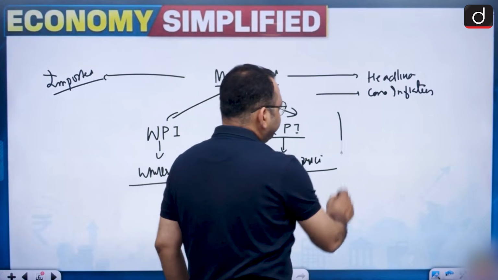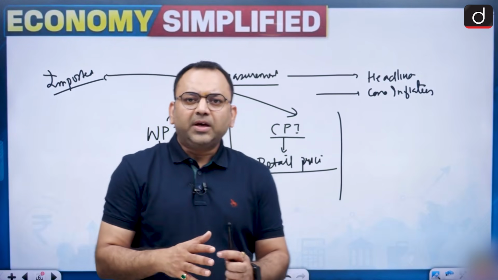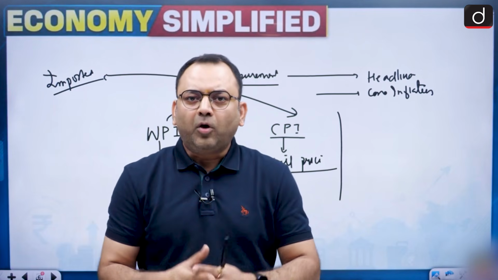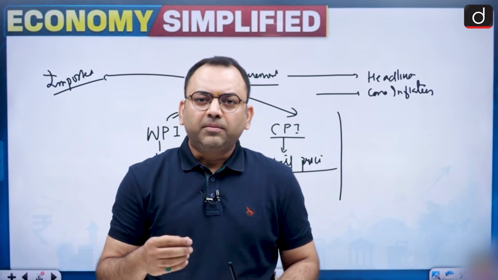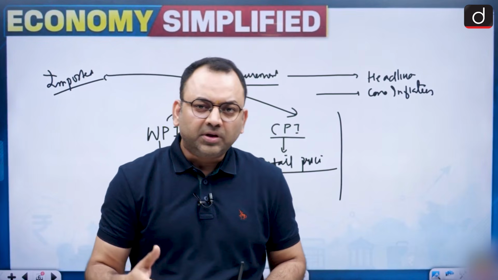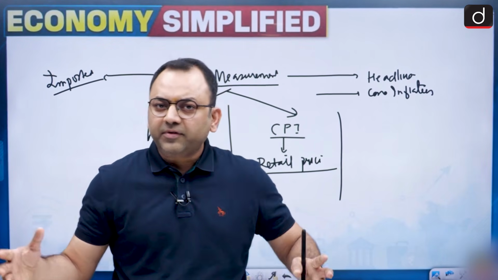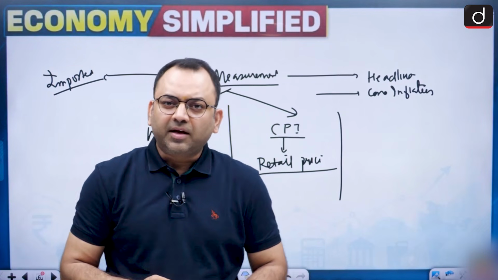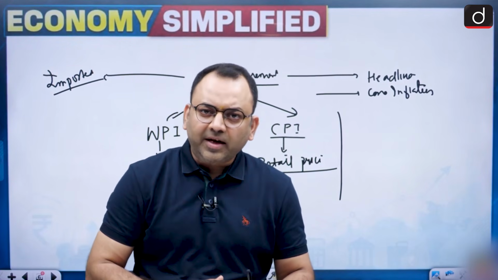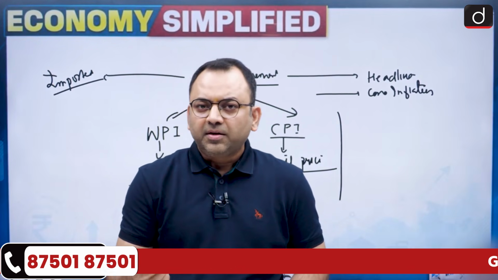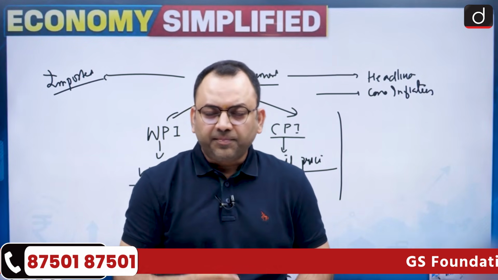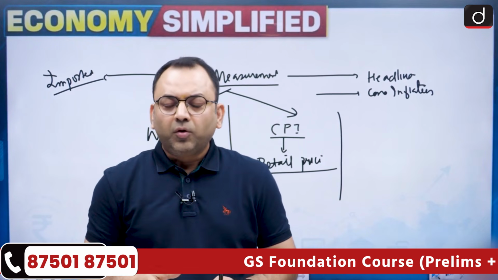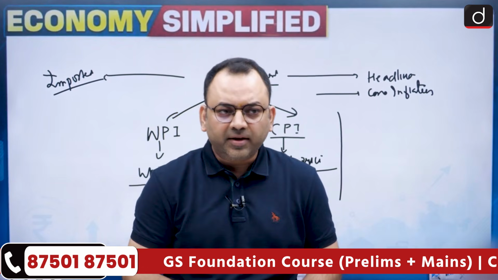Now suppose we take a basket of 100 commodities: the food, the eggs, the meat, the cloth, the electricity, the rent. We take all of them to measure inflation, right? Some goods are very volatile in nature, for example oil and energy, because we largely import crude oil and its prices are not in our control.